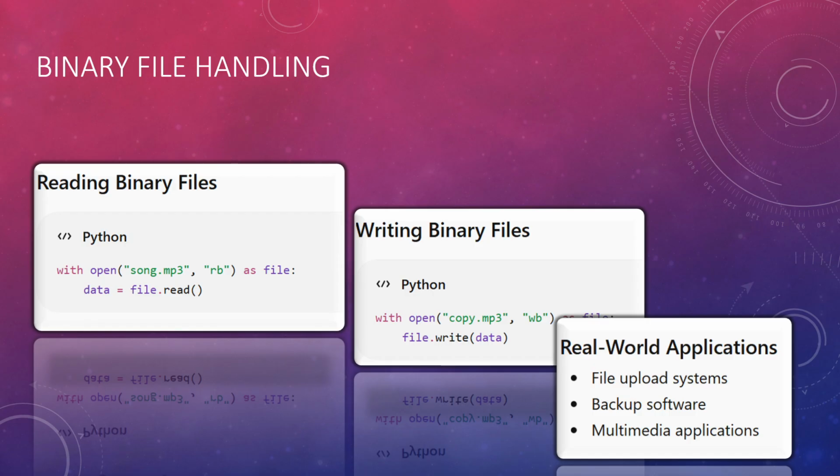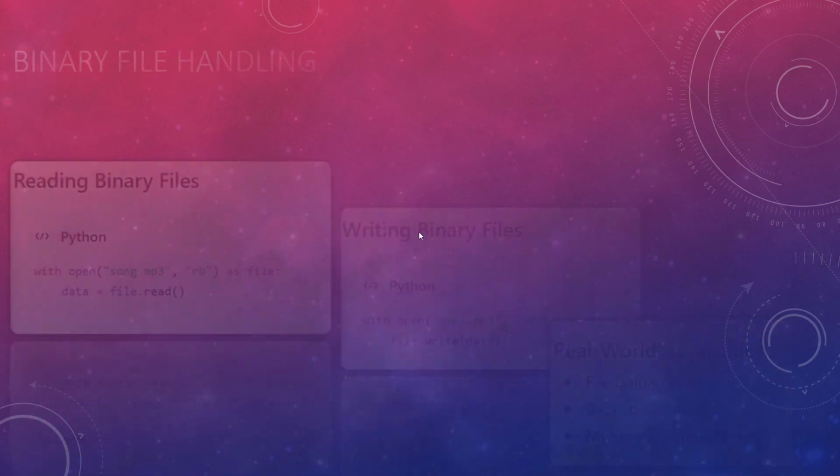So how we use it for reading binary files, this is how we read it. Okay. Writing binary files, this is how we write binaries. W is for write and binary files. So where is it done? Real world applications: backup software, file upload systems, multimedia applications. That is where we use binary file handling.